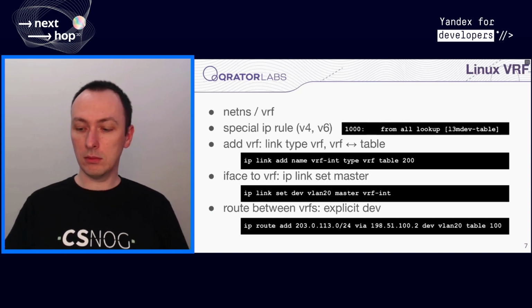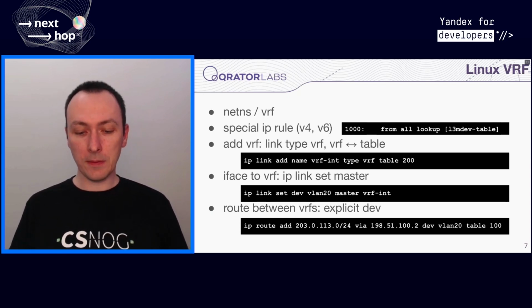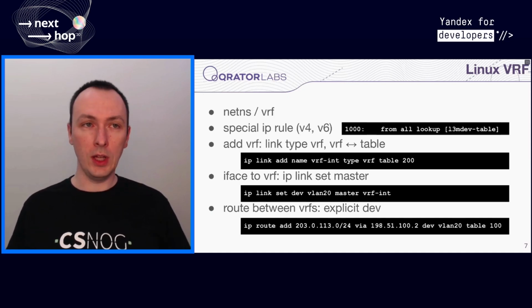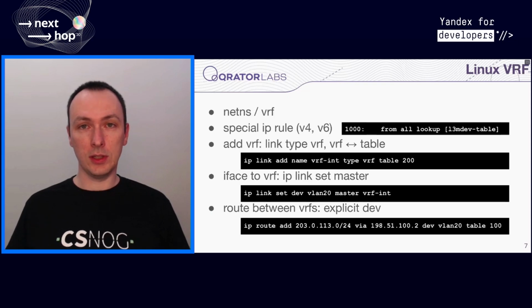If you want to add one more interface to your VRF, by means of ip link, you will set master for your interface.